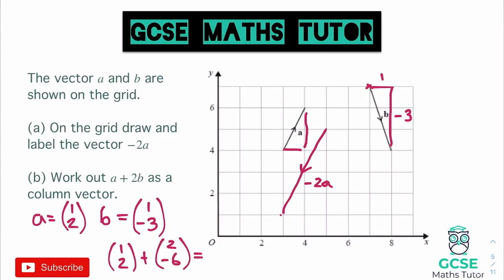We can add those together, so 1 plus 2 on the top gives us 3, and then 2 add negative 6 on the bottom. When we add negative, that's going to take that away, so that'll be minus 4 on the bottom. So our final vector will be 3 over negative 4. And there we go, that's how we're going to approach these vectors when they're on a graph. We can just turn the vector into a column vector and treat it just like we did on the previous questions.